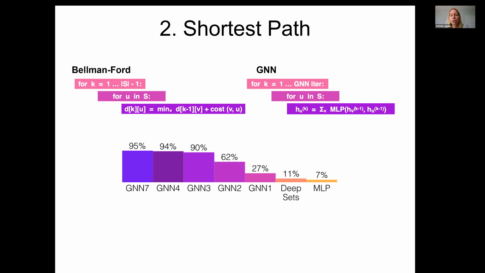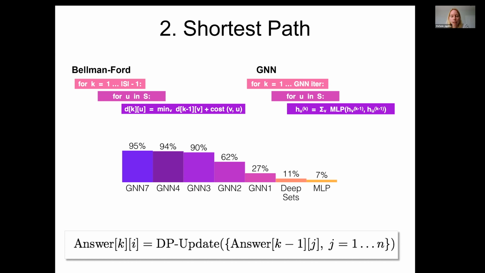So again, this observation agrees with the hypothesis that the structural alignment tells you something about how well the network can learn the algorithm. And more generally, GNNs can actually mimic dynamic programming updates of the form that I just wrote here. So basically in each iteration, you update using the prior states of your neighbors.